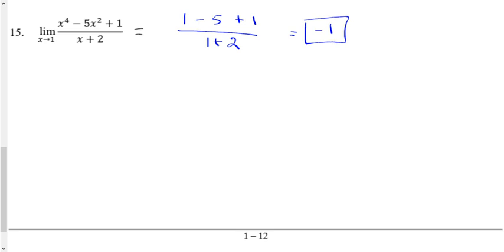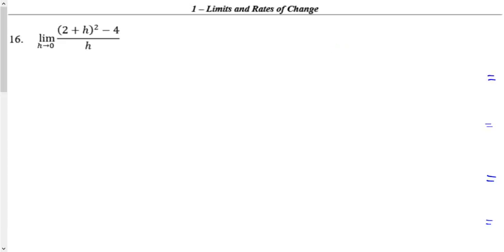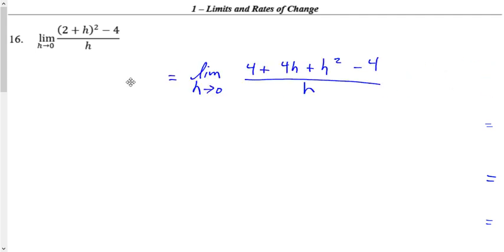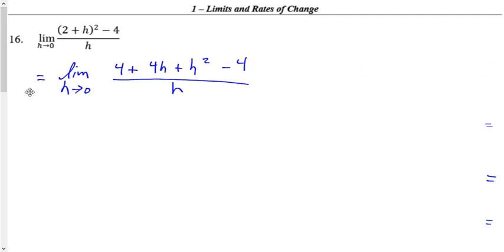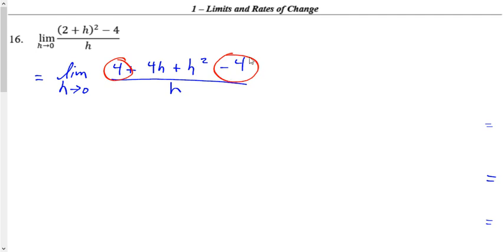Question number 16. This time when we plug in 0, 2 squared is 4 minus 4 is 0. Yep, we get 0 over 0. So we want to expand the numerator. And again, as we saw in previous questions, we get the constant as a positive, the constant as a negative. They cancel out, giving us terms with a common factor of h.